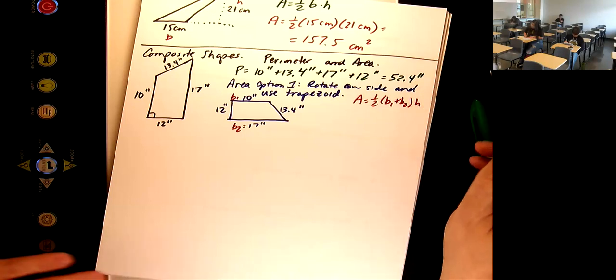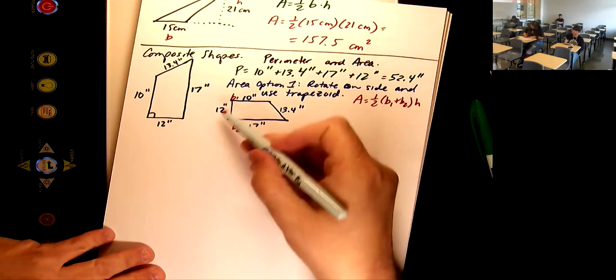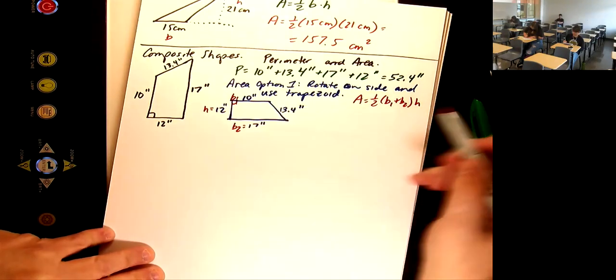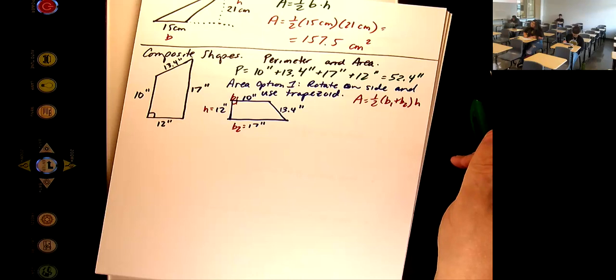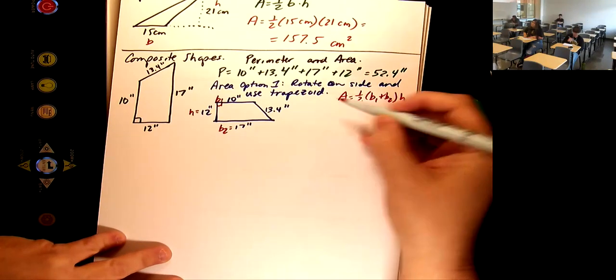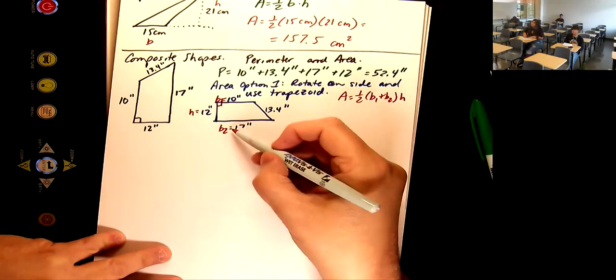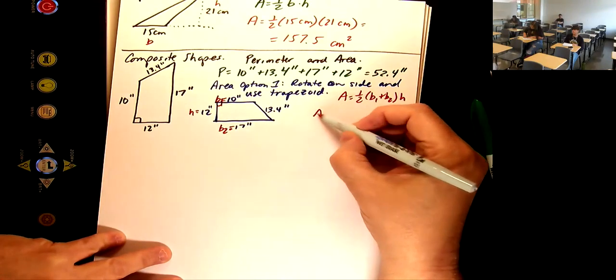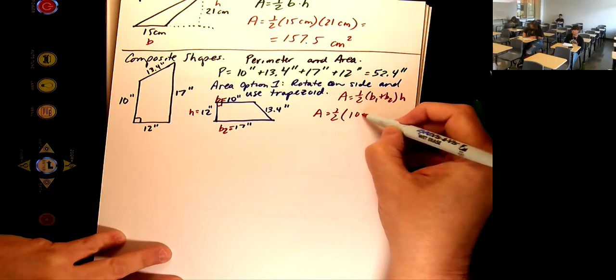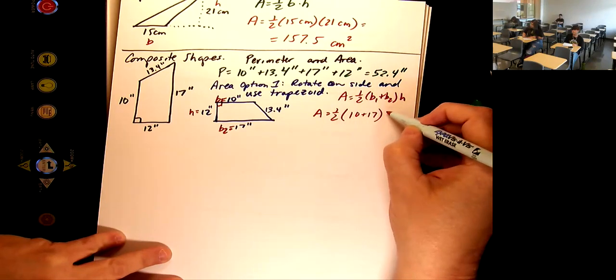And since this makes a right angle, this is actually H. So I have 1/2 times 10 plus 17 times 12.